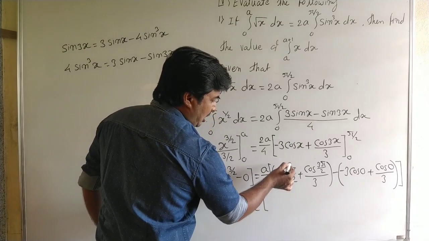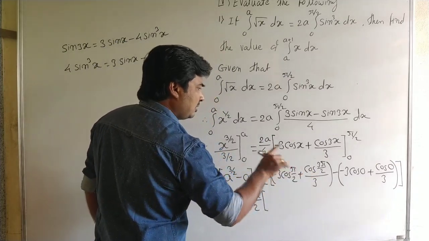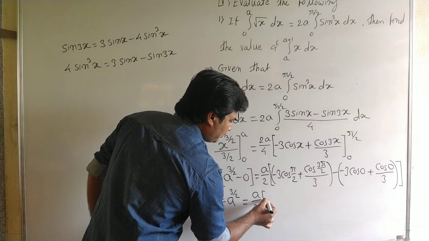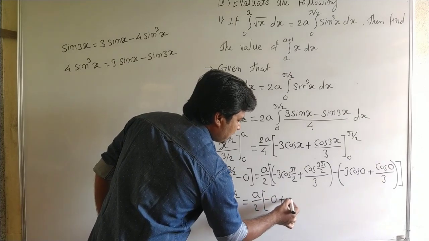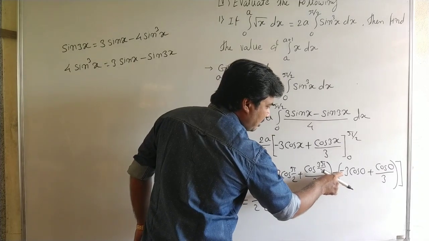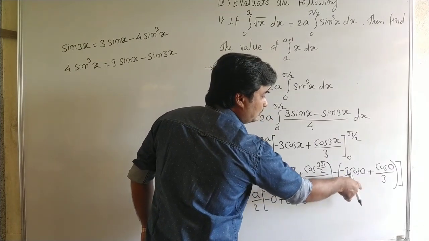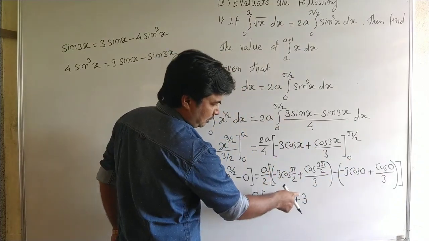into, see carefully, cos pi by 2 is 0, cos 3 pi by 2 is also 0, therefore it is minus 0 plus 0. Okay, it is 0 and it is 0. Now here this minus minus, it is a plus, and 3 into cos 0, it is 1, therefore it is 3.